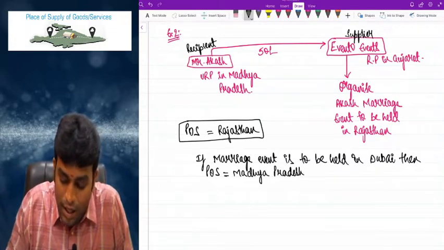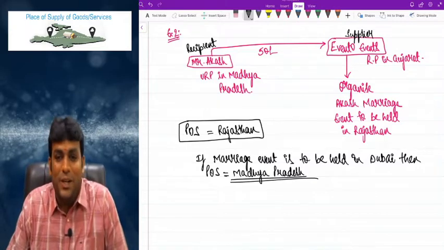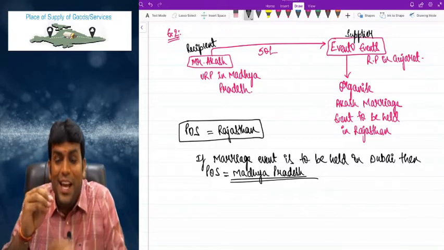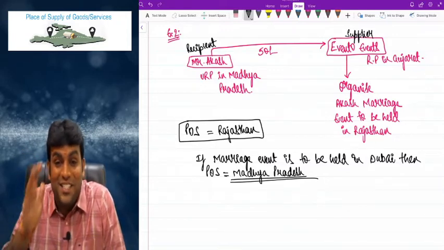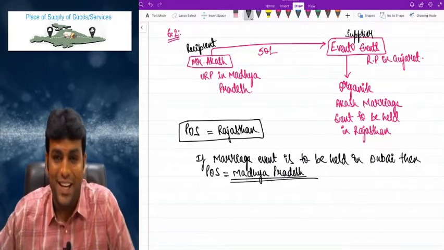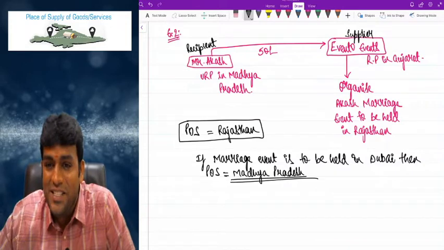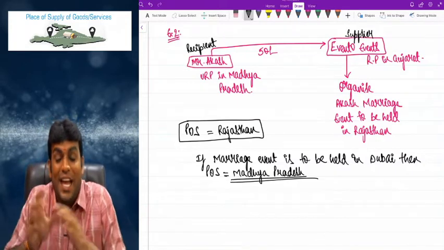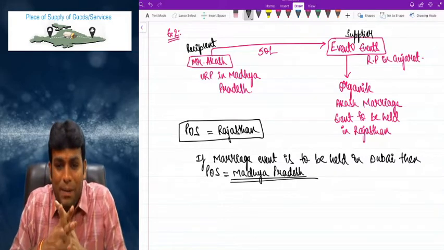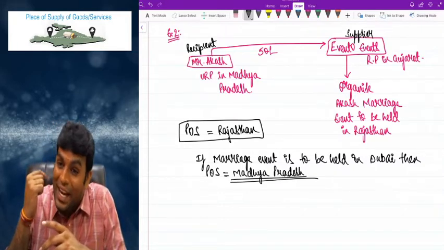Because, let me tell you very clearly, what the law told in section 12.7 for organizing an event: if the receiver is a registered person, then POS will be the location of such person. But if the receiver is an unregistered person, then place of supply will be the place where the event is actually held.